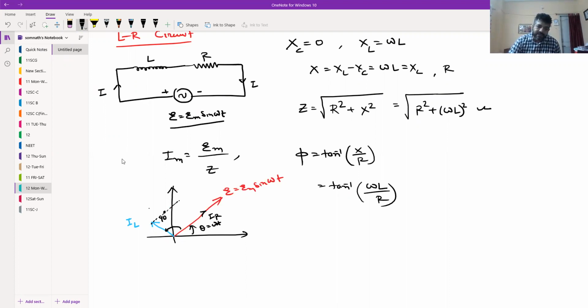So the resultant of these two is my I, which is at this angle with respect to the previous one. We already found this angle. Now tell me, with respect to the EMF, the red one, does the black one lead by this angle or lag by this angle?